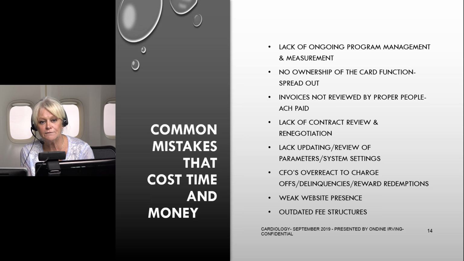Now, there's a number of reasons that, let's say you've got 10,000 accounts on file. You may only have 5,000 that are active. You really need to focus on that active number. Now, if you don't have a card processing manager, champion, product owner, what happens?